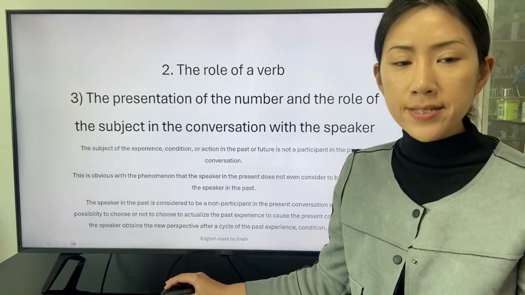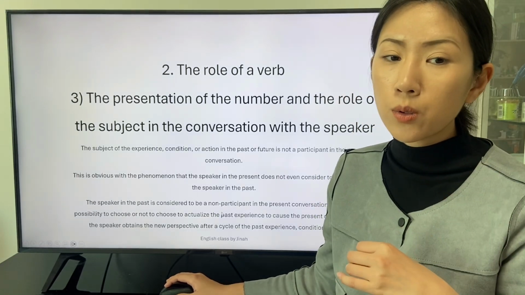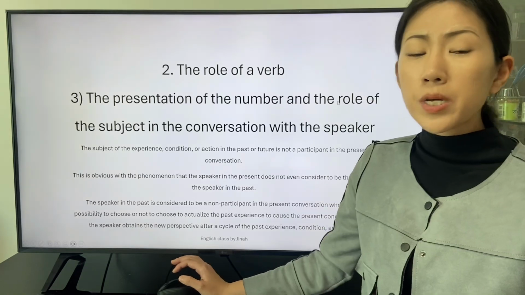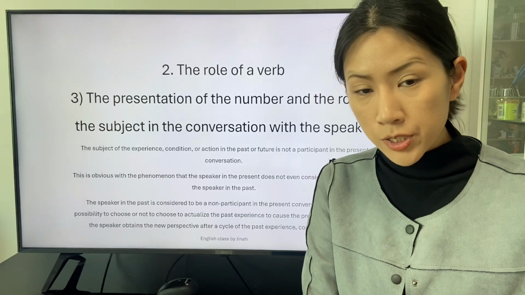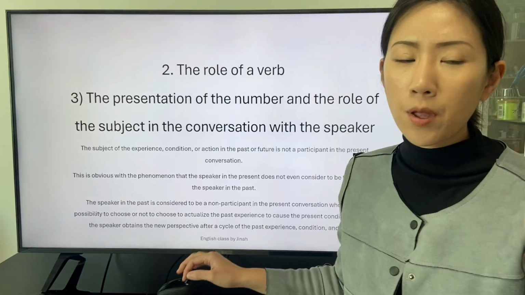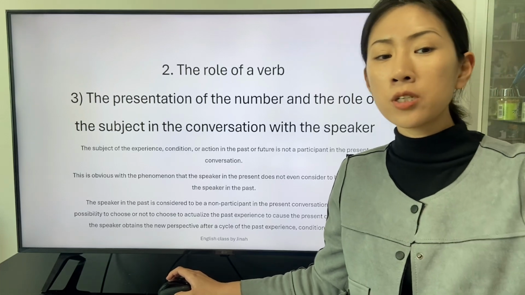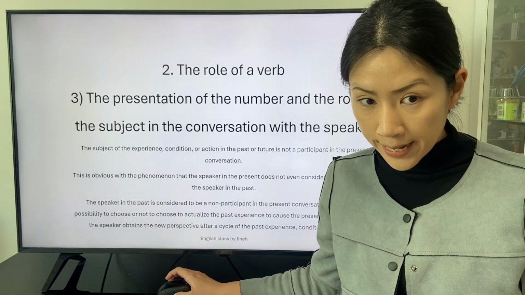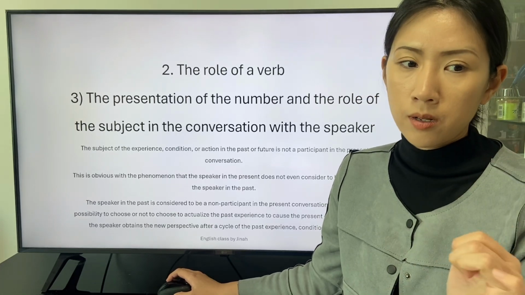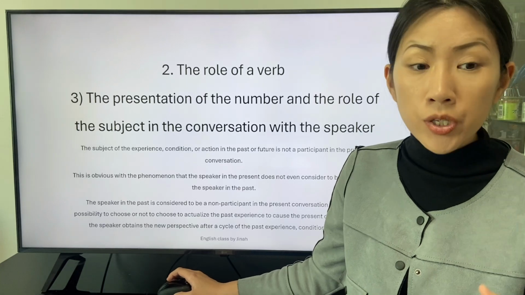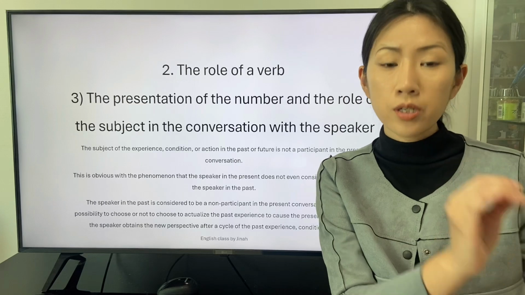The speaker in the past is considered to be a non-participant in the present conversation with the listeners because the speaker in the past is considered to have had the possibility to choose or not to choose to actualize the past experience to cause the present condition, because the speaker obtains a new perspective after a cycle of the past experience, condition, and action.